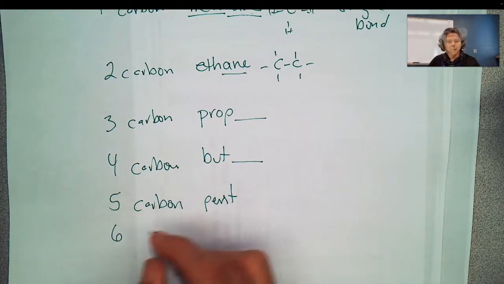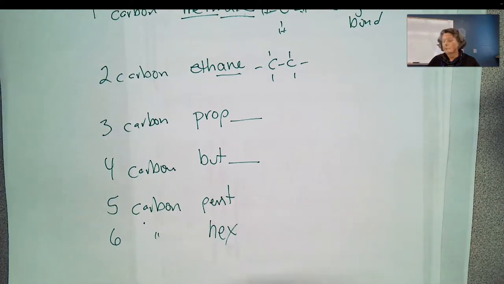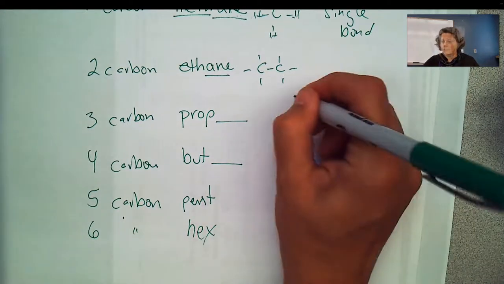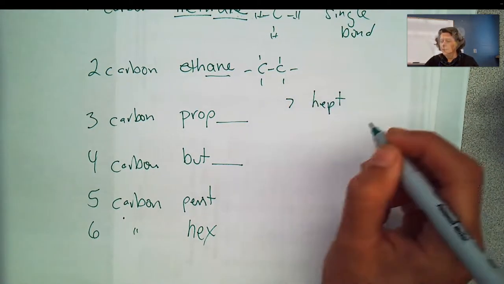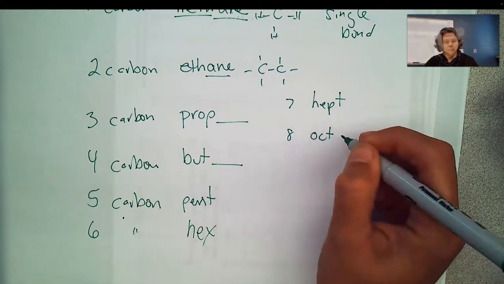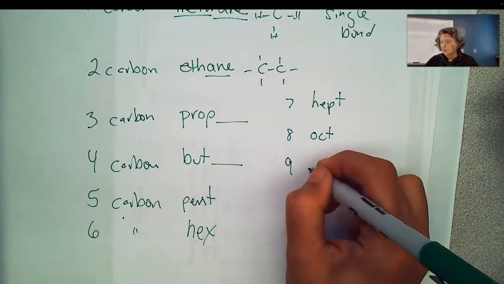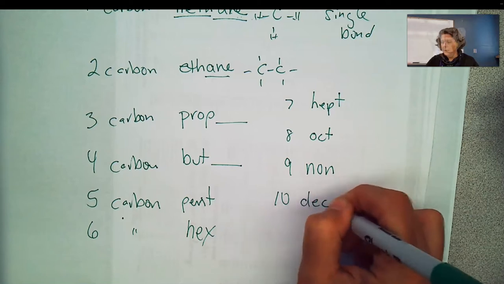If it's 6 carbons, it's hex. 7 is hep. 8 is oct. 9 is non. And 10 is dec.